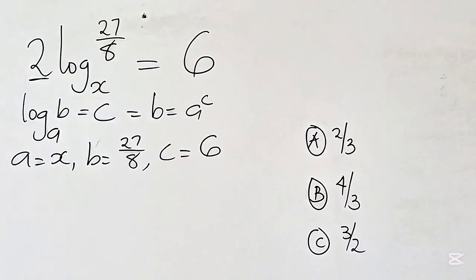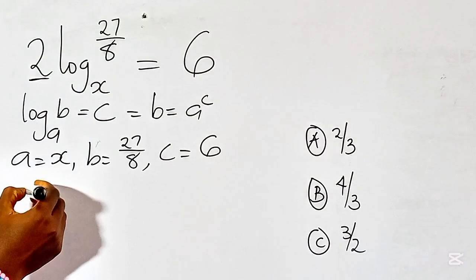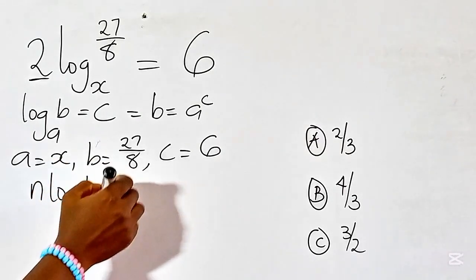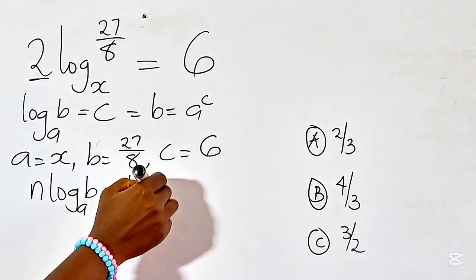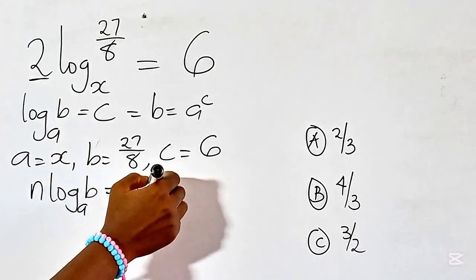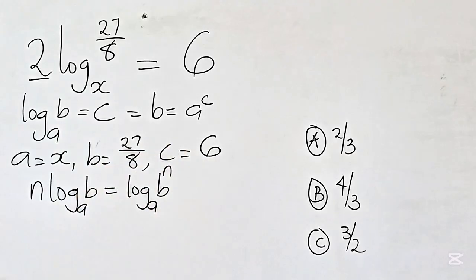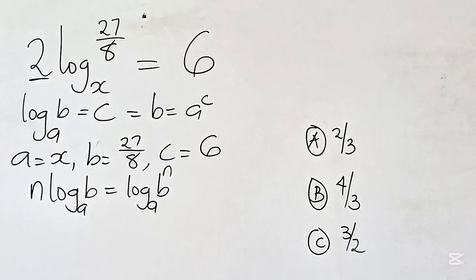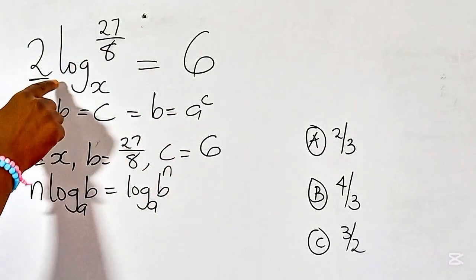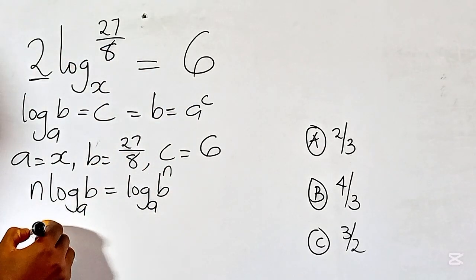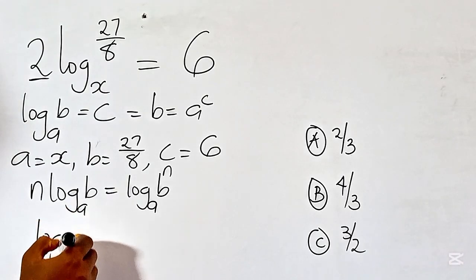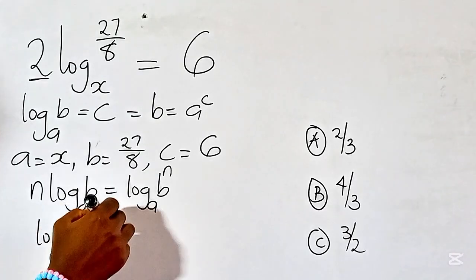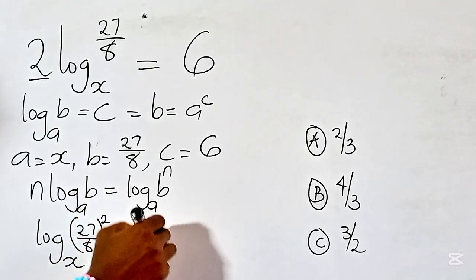So the property of logarithm we are going to use says that if we have, for instance, n log to the base of a of b, this is equal to log to the base of a of b to the power of n. So we have just brought this n to become the power of b. So if we rewrite this logarithm, it's going to become log to the base of x of 27 over 8 all squared is equal to 6.